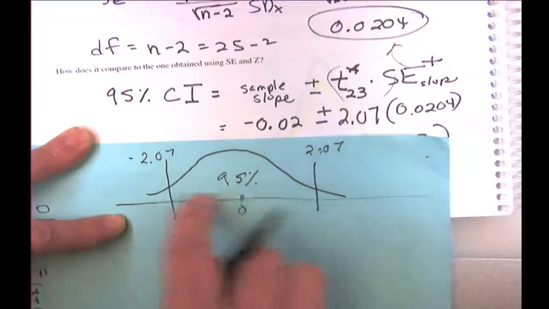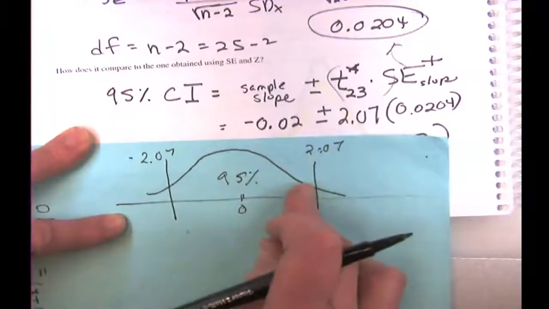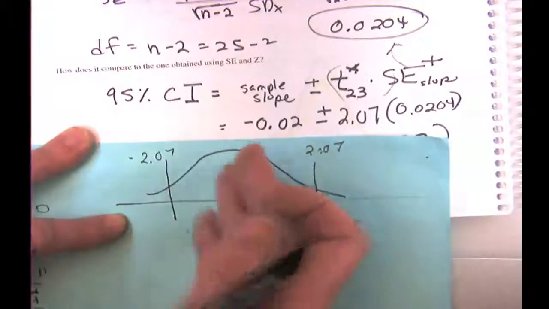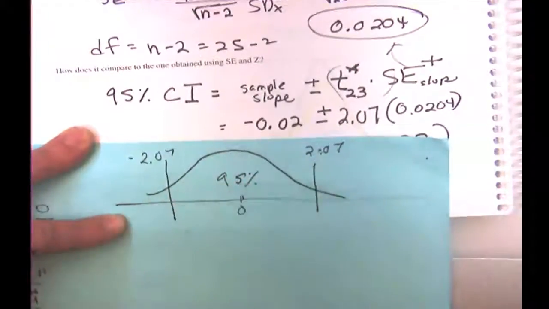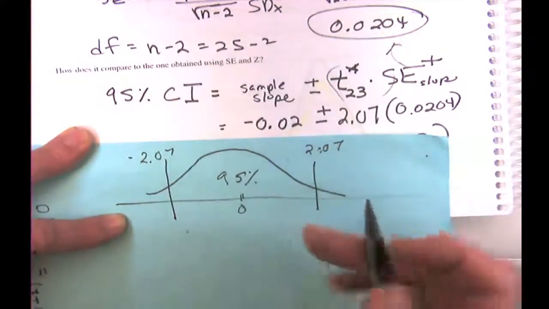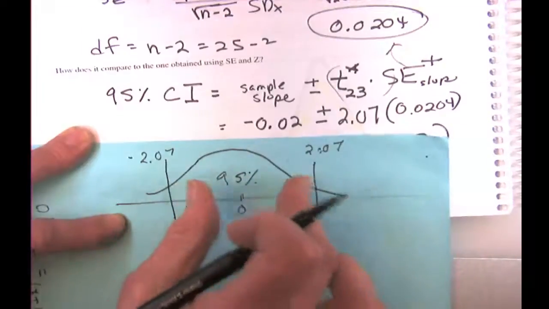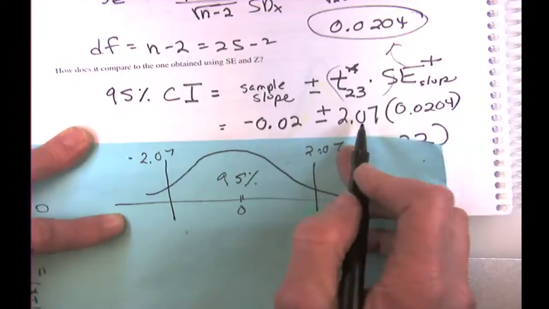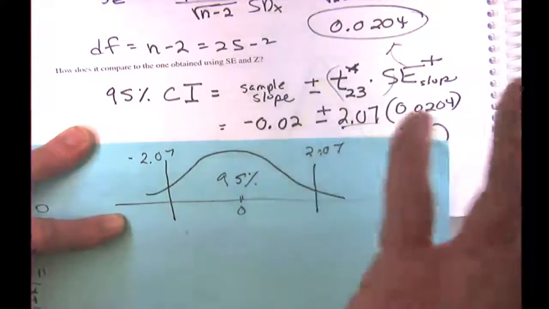That's how many standard errors you're going to be within 95% of the time. That's just a PDF, probability density function of this curve. So when we get a particular sample, we don't know all this, but 95% of the time we think we'll be in this interval. So that's what this is about.